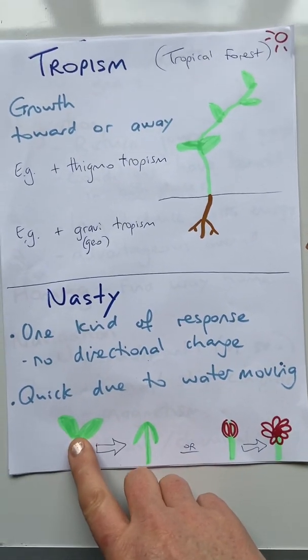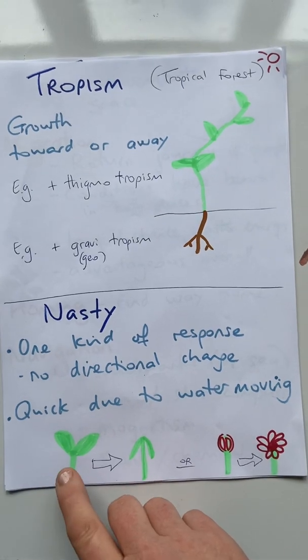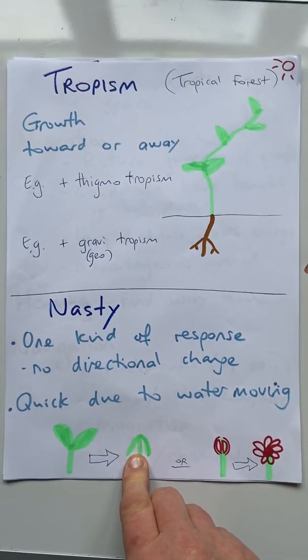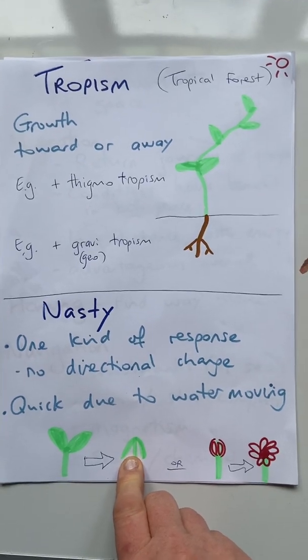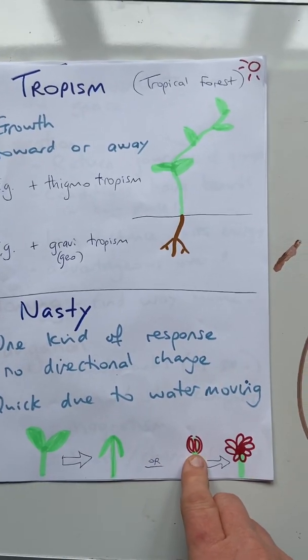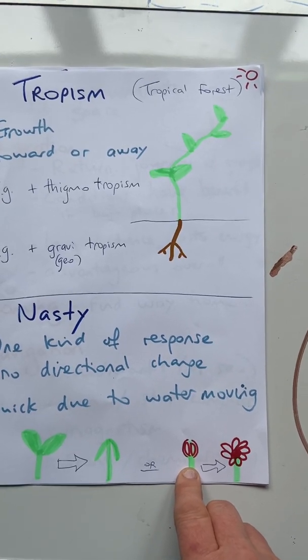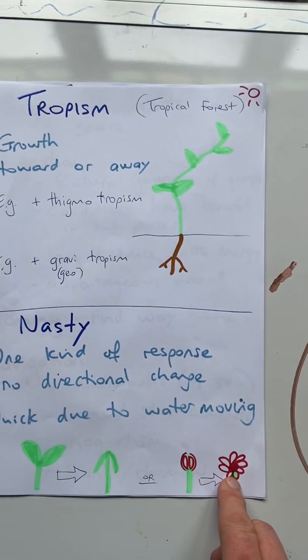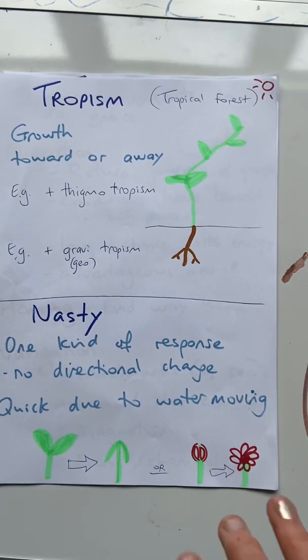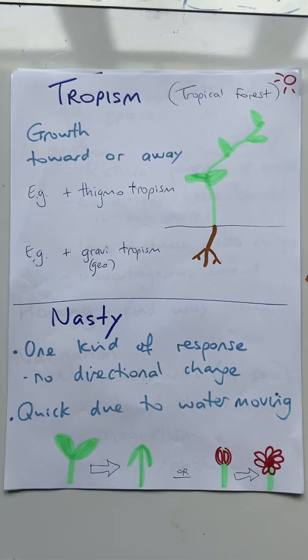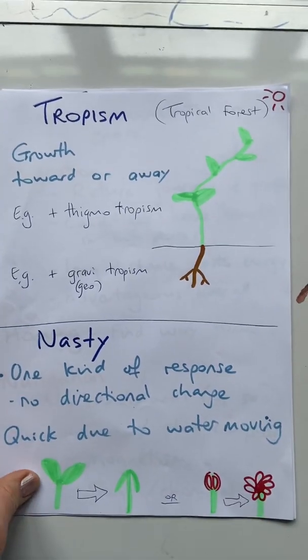So some leaves, if they get touched somewhere, anywhere, will droop or close up as a response, and that's a protective thing to hopefully stop them getting eaten. And some flowers will close up at night time when there's no light or bees or birds around, and they'll open up in the daylight. They're just moving water between cells, and that can make those parts of the plant move, but they're not doing it in a particular direction.